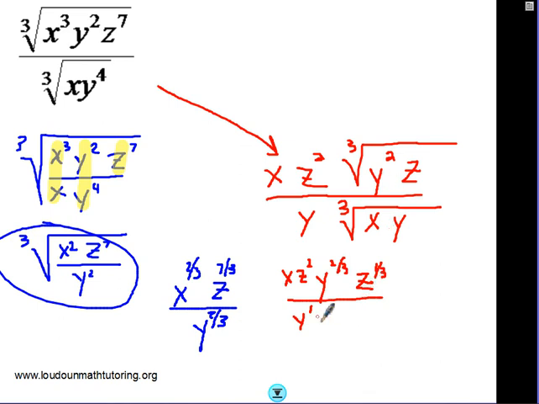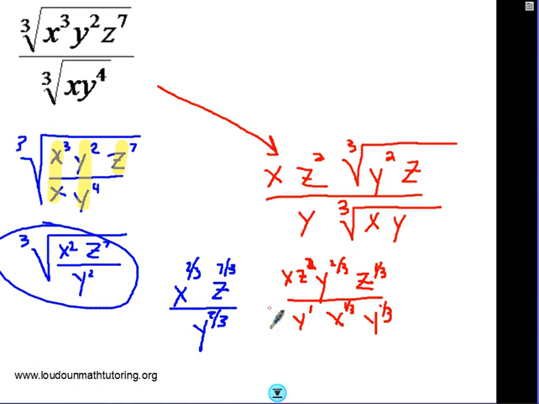You've got x to the 1/3, and you've got y to the 1/3. Okay, this is a z squared again. Sorry about the writing on that.